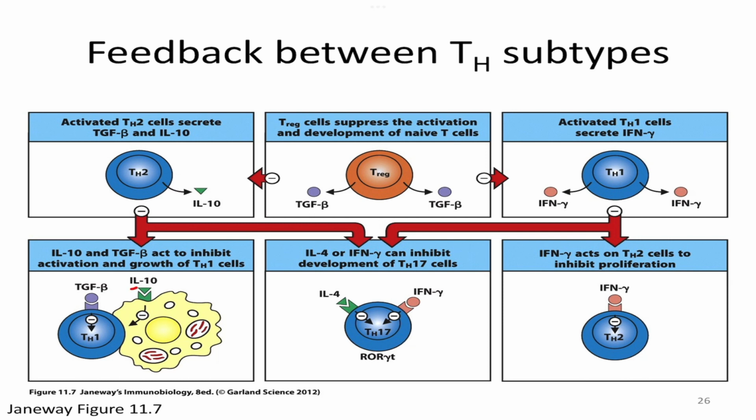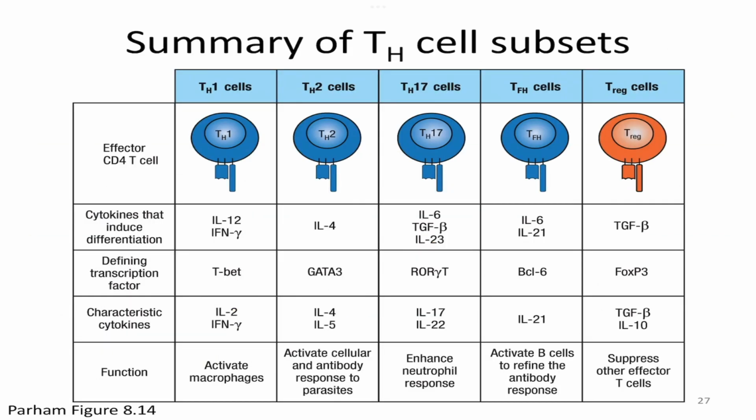It will inhibit Th1 cells. It will also inhibit Th17 cells. You can see Th1s will inhibit Th2s and Th17s. Tregs will inhibit both. And so we can see feedback between all of these different subset types, where each subset reinforces differentiation towards its own type as well as inhibiting differentiation towards the others.